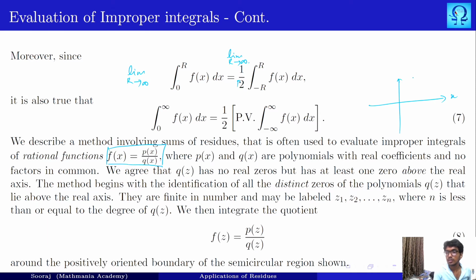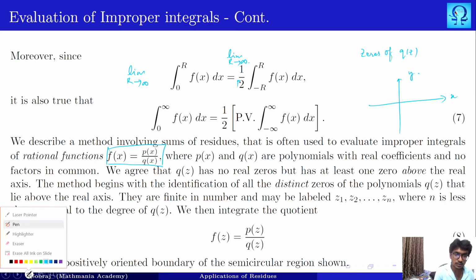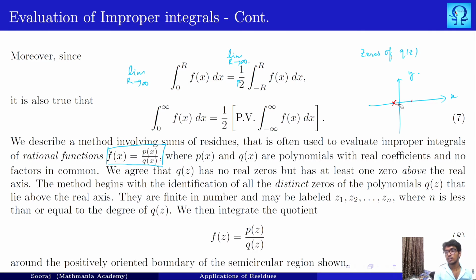If you consider this is your x-axis and this is your y-axis, then the zeros of q of z are finite in number. Among these, no zero lies on the real axis. Then what is the assumption that we have made? There exists at least one zero above the real axis.